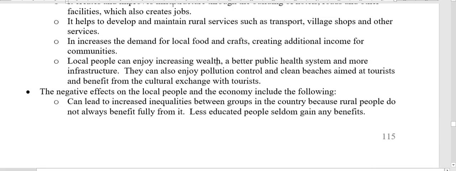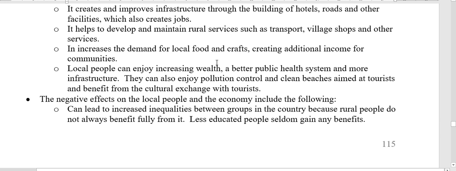It helps us to develop and maintain our rural areas. As I said, we develop our rural areas to bring the tourists there. It increases the demand for our local food, arts and crafts, whatever. It creates job opportunities and income for local communities, and then our local people enjoy increasing wealth. They have a better public healthcare system and the infrastructure that they have access to.